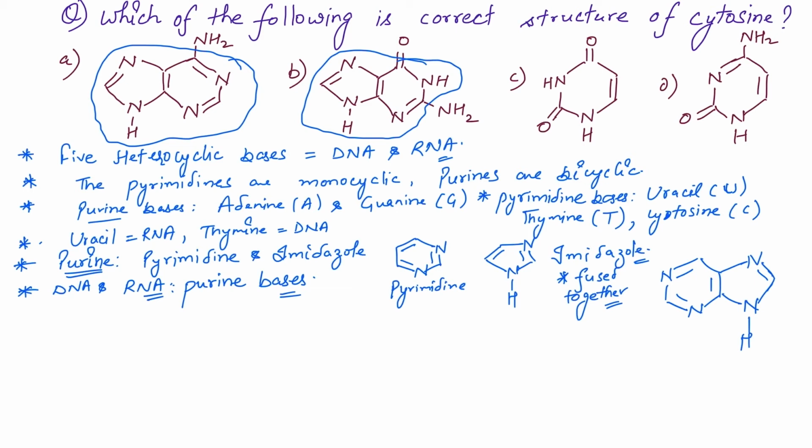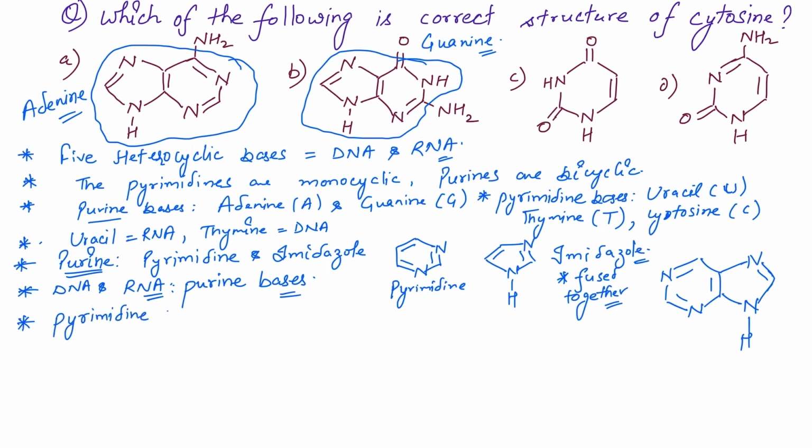Adenine contains an extra NH2 group, while guanine has an extra double bond O. So A option is our adenine molecule, and B option is our guanine molecule. So these two are the purine bases present in DNA and RNA. I hope you have understood the basic structure of purine bases, adenine and guanine.